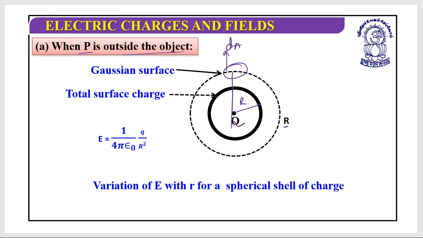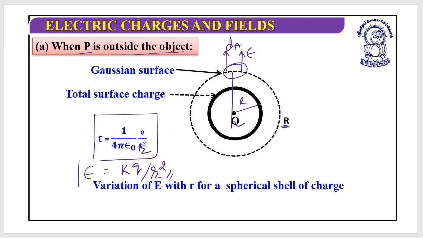This is dA, this is E. Now you know the electric field will look like this: E equals kQ by r square. Here I make a little correction and replace this by r because we have written R for the radius. So the electric field would be equal to kQ by r square, for the location outside the object.